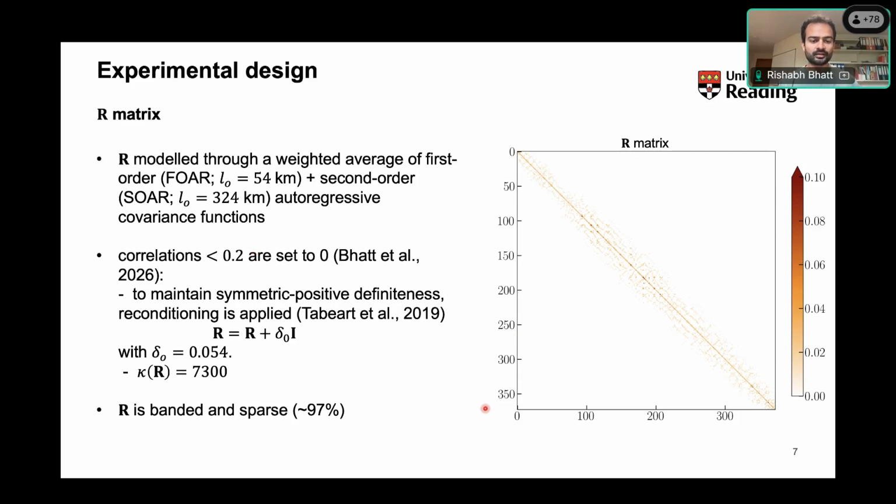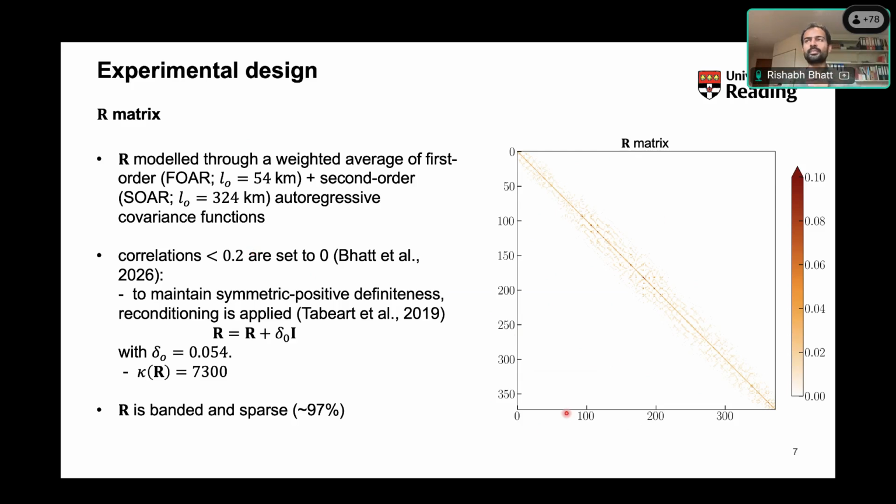What we have also done is assume that all correlations less than 0.2 are set to 0, because we consider them negligible. Because we are removing some information, we are also changing the structure of the matrix.